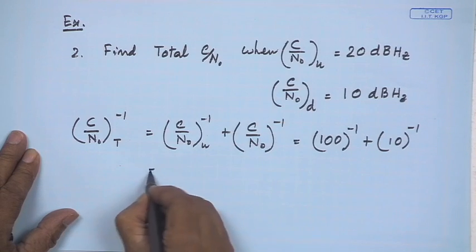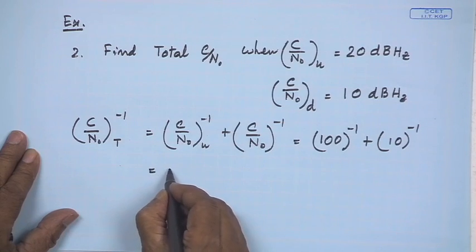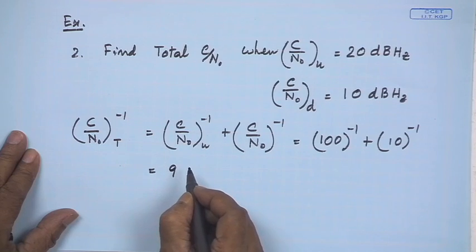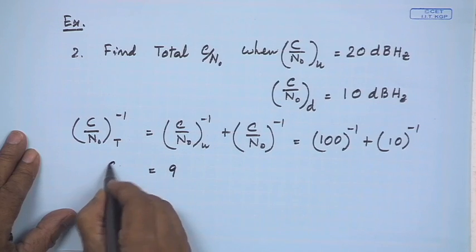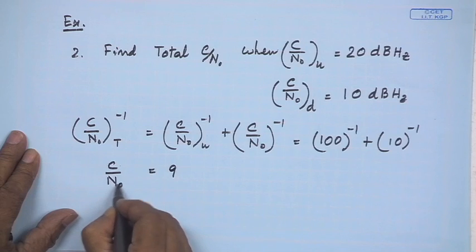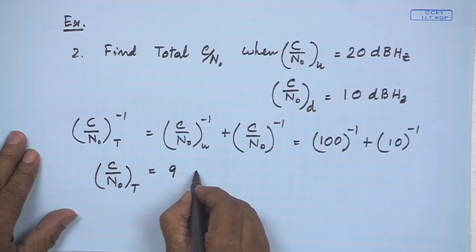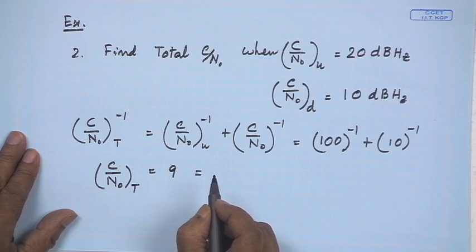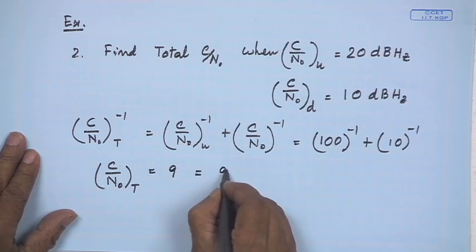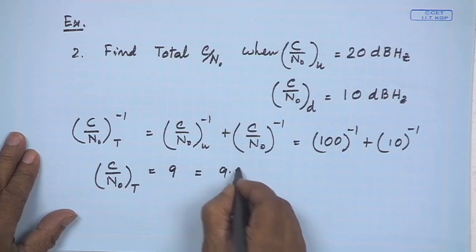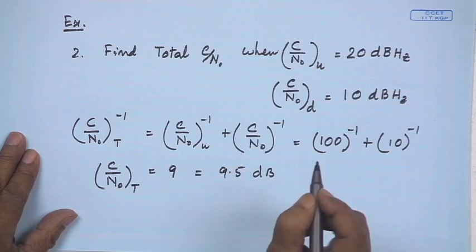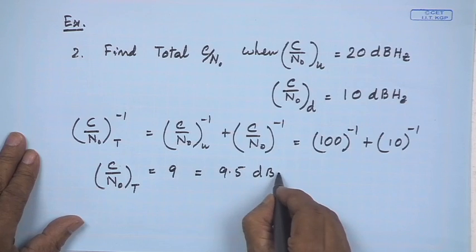So, the result is roughly 9, and inverting again, C by N 0 total is 9, which is 9.5 dB hertz.